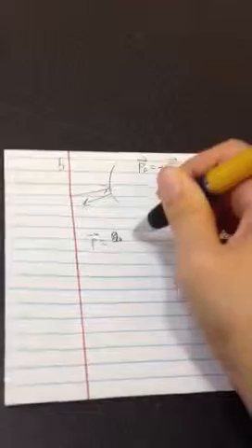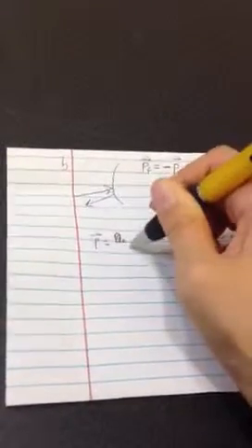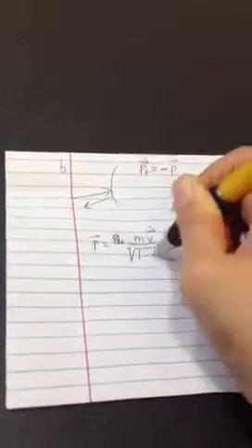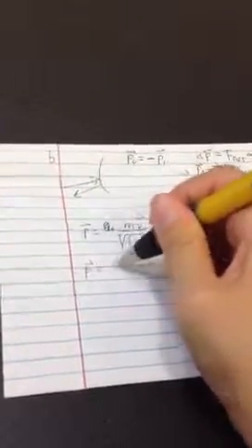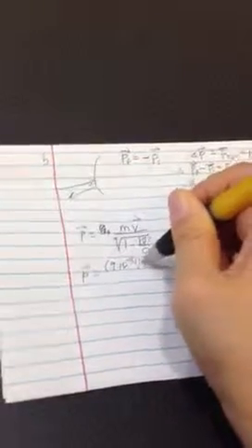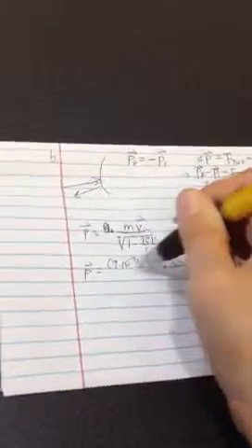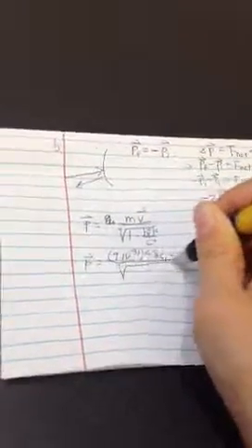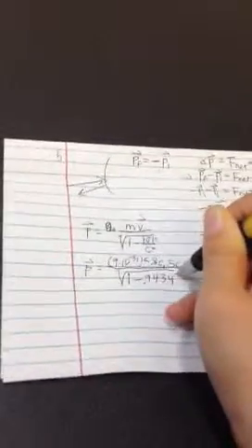Oops, sorry, I already plugged it in. mv over the square root of 1 minus, now that we want the vector, we're going to keep v as a vector on the top, over the square root of 1 minus 0.9342.